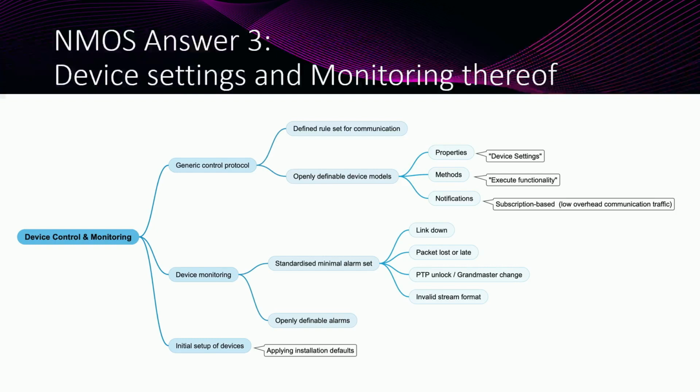Then PTP state, maybe suddenly you lost your PTP, so you want to actually know about that. It's quite fundamental. And then finally, stream format mismatches of some sort, so invalid stream format. So we believe with these four alarms, if they are supported in every end device, you will find 80 to 90% of your problems and circle them pretty quickly.